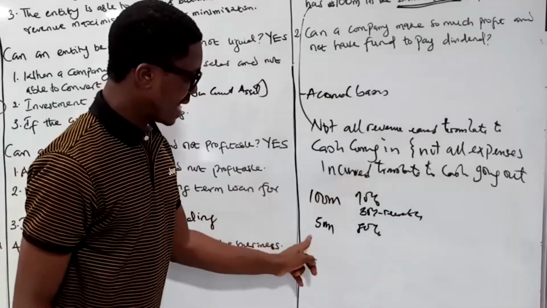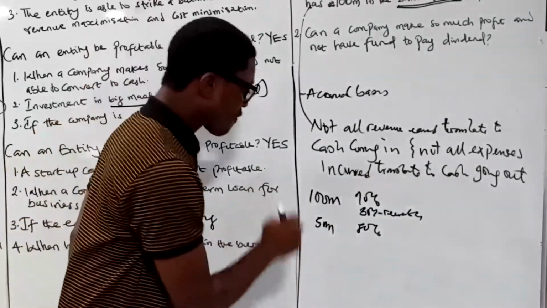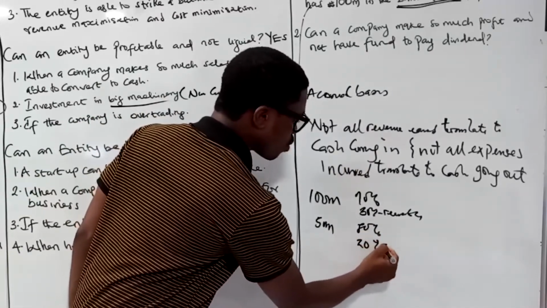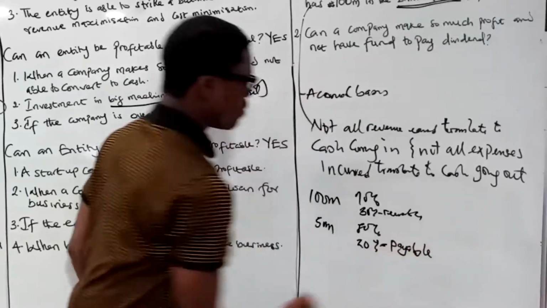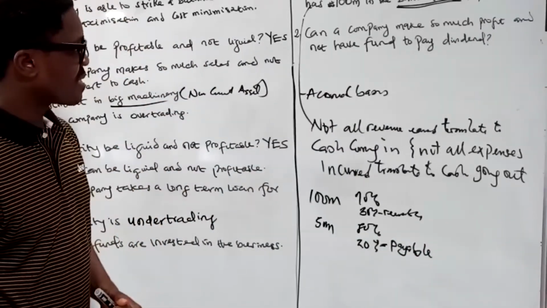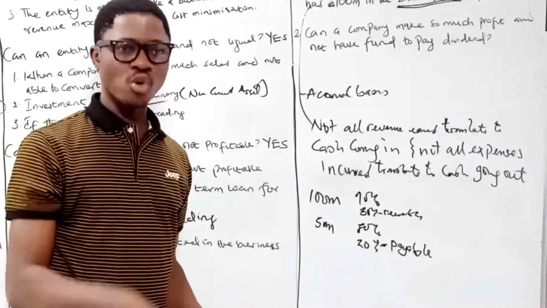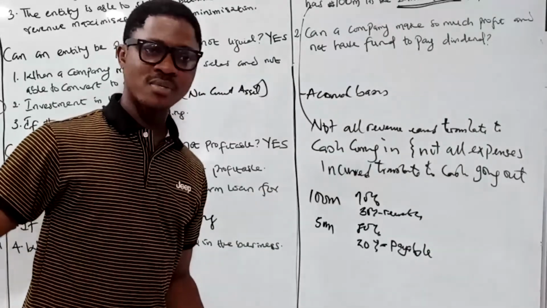And as I said earlier, if 80% of the 50 million incurred as expenses affects the bank, that will mean our 20% will be payable. This will mean that the profit of a particular amount doesn't mean that the business has that exact amount in the bank.